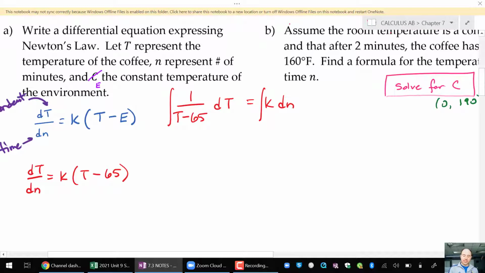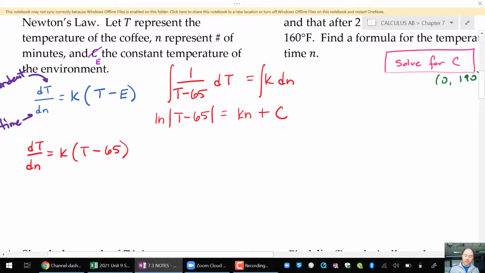Separate and now integrate. So I will have the log of the absolute value of T minus 65 equals k times n plus c. K is a constant, so its antiderivative with respect to n is just going to be k times n. All right, now we're going to try to solve for T. Let's see what happens here.